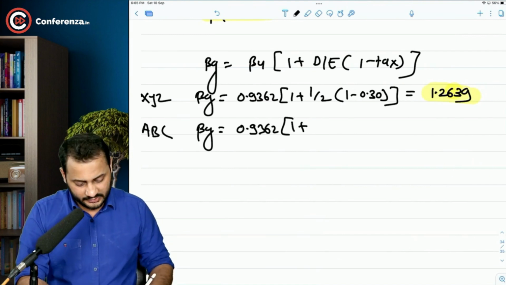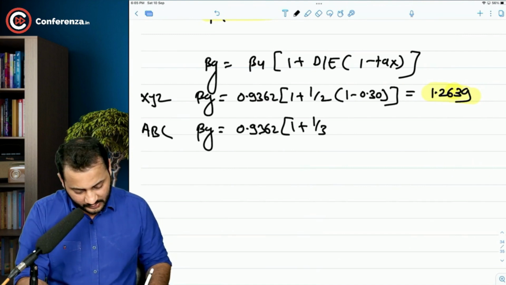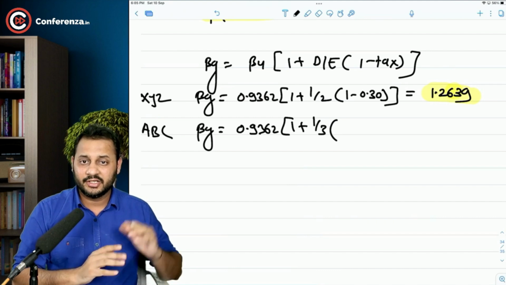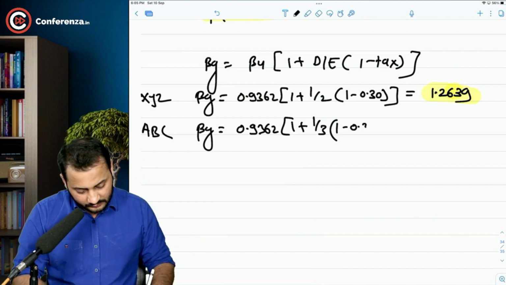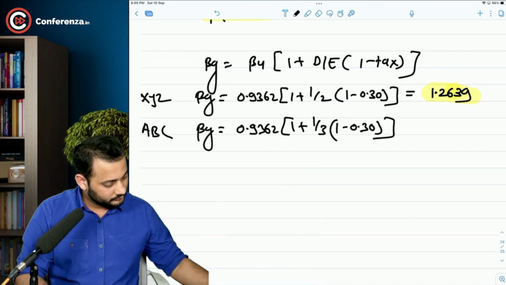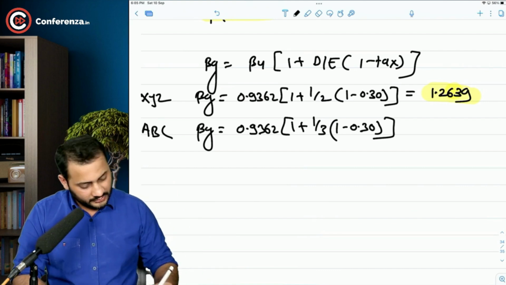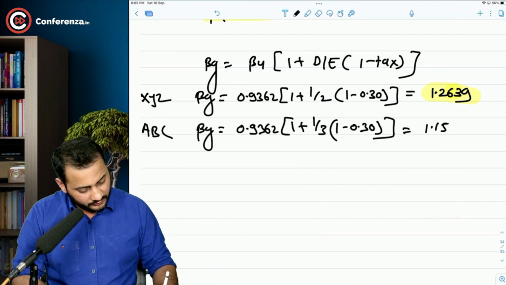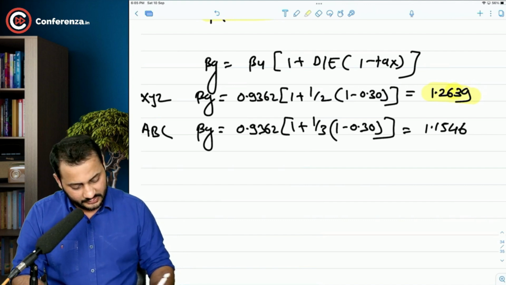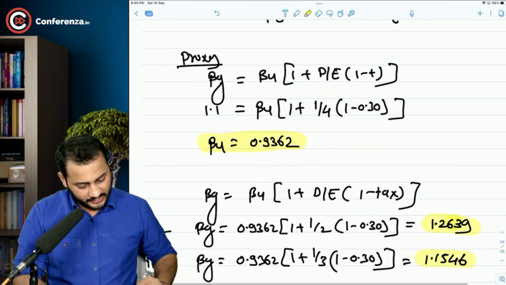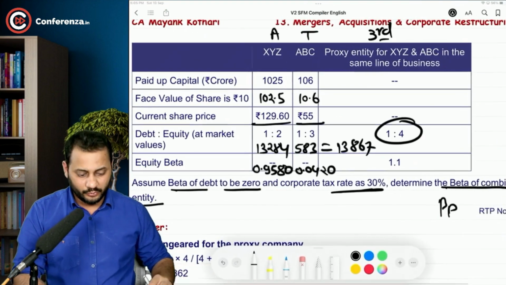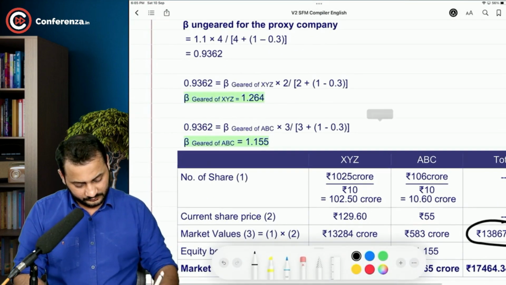So 0.9362, this is 1:3. 1:3 is the debt equity ratio in XYZ. 1/3 into 0.70 plus 1 into 0.9362. That comes to 1.1546. See, so that's 1.2639 and 1.1546.